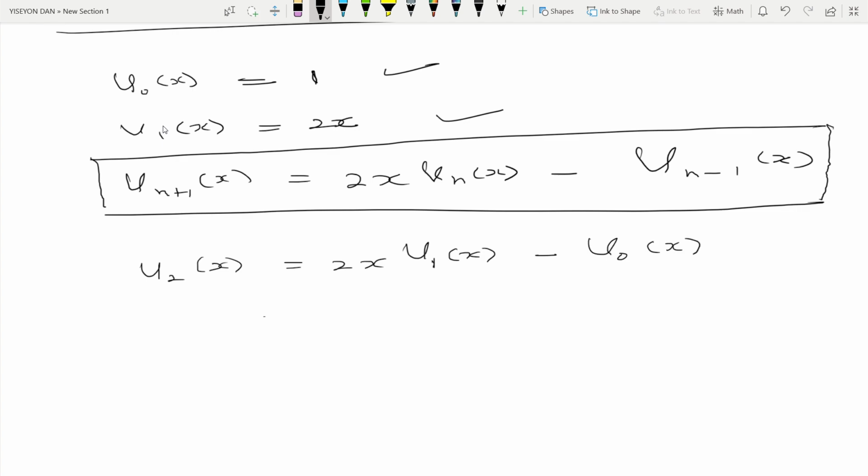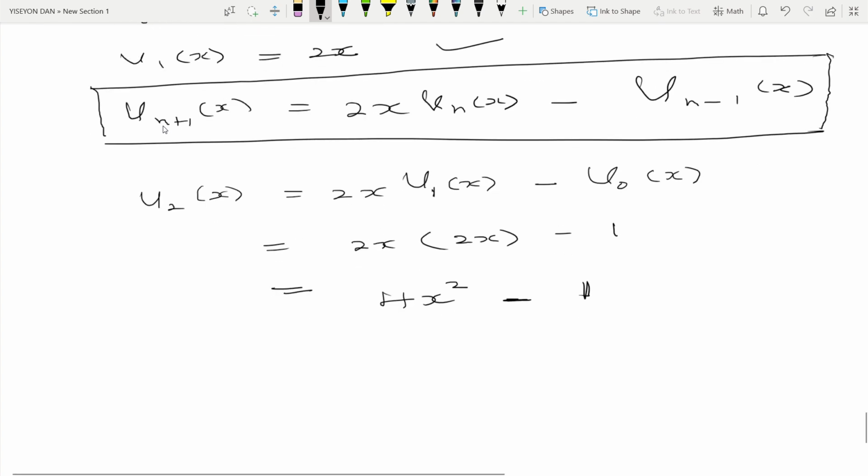So U1 of x is 2x, U0 of x is 1, minus 1. So our answer for this is going to be 4x squared minus 1. So that is our U2 of x.